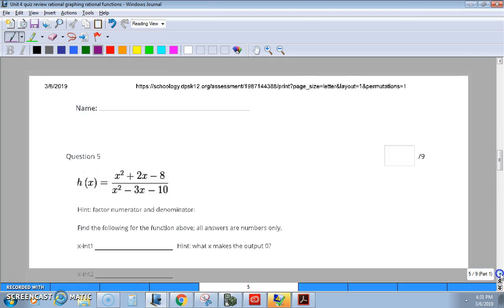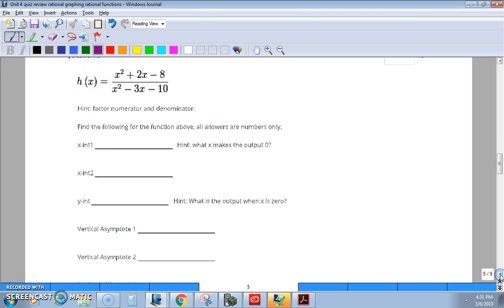Let's see. This next one is just the same thing. It's just a few more points because we have to factor it first. But first of all, these are both degree 2. So my horizontal asymptote is going to be y equals the coefficient 1 divided by 1, which is just 1.